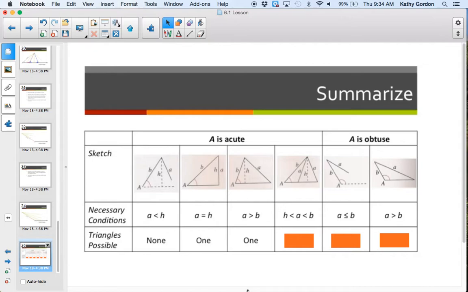That's 1. An acute angle with A between H and B? 2. That's the weird one. That's 2. Okay? And then an obtuse angle where A is less than or equal to B? That's none. And an obtuse angle where A is greater than B is 1.